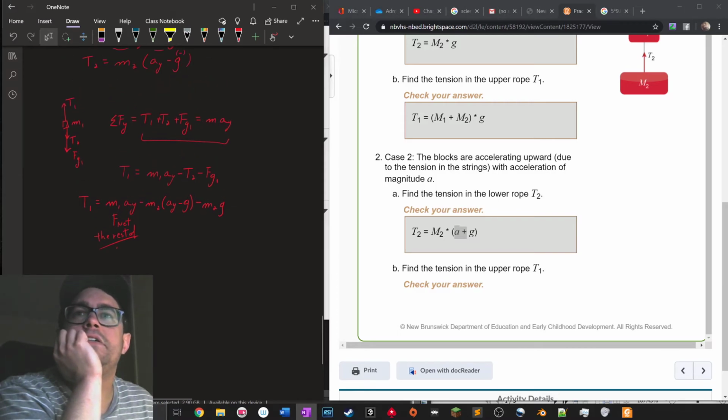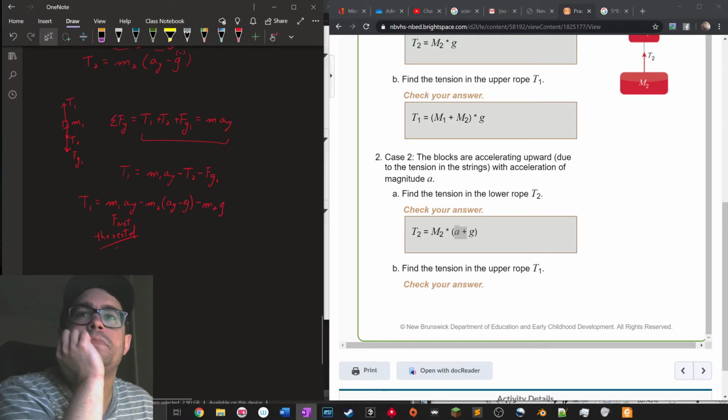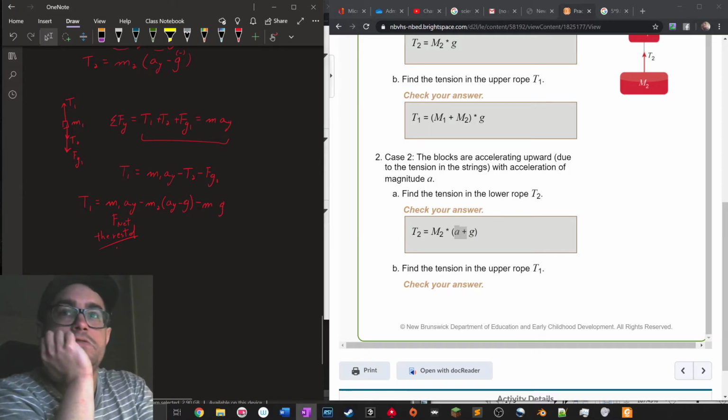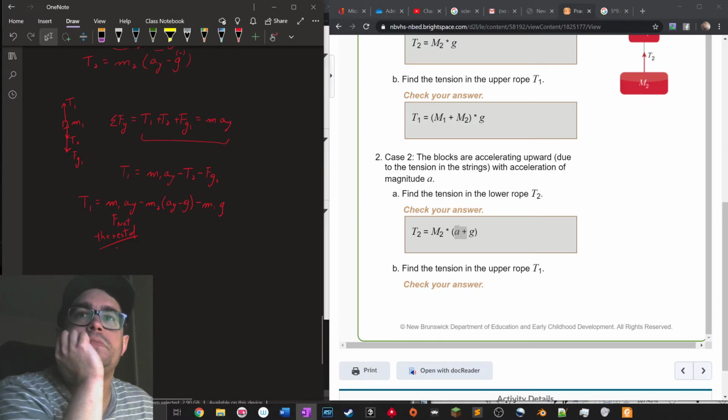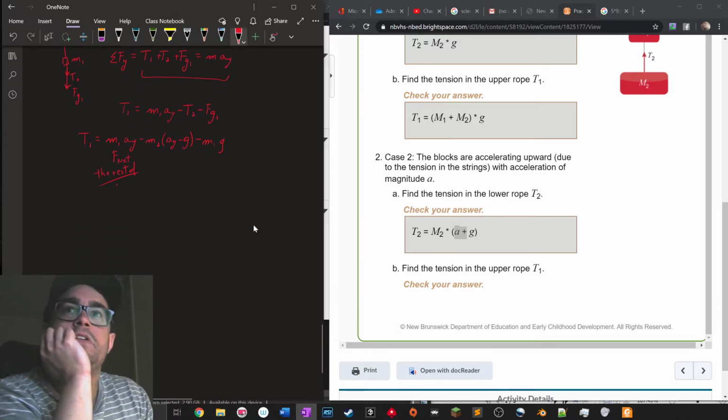And then we just want to double check T2 is M2, AY, and G. Nice. And FG1 is M1G. Oh my goodness. So is this true?